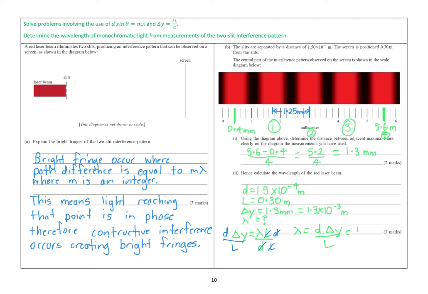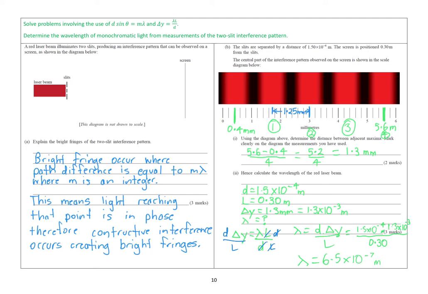which is equal to, let's get this right, 1.5 times 10 to the minus 4 times by 1.3, sorry this is a bit messy, times 10 to the minus 3, divide by 0.30 meters, and that, if we plug it all into the calculator, equals 6.5 times 10 to the minus 7 meters.